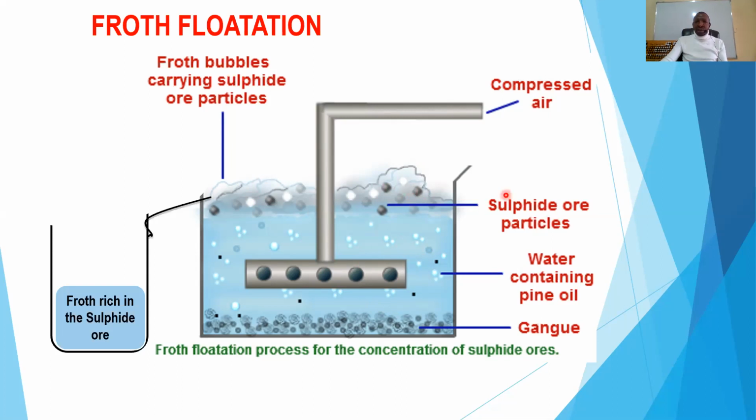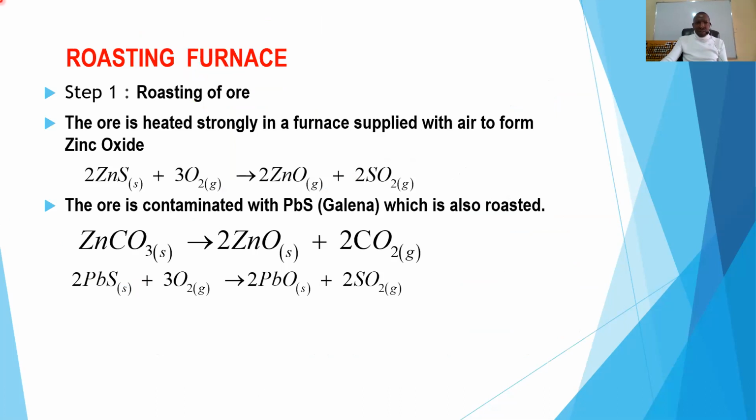Then it's directed to a different container. This froth which is rich with the sulfide ore is now dried to obtain the zinc sulfide. Once they obtain the zinc sulfide, it's taken to the roasting furnace.